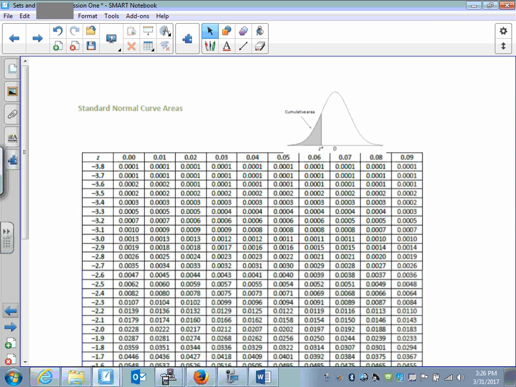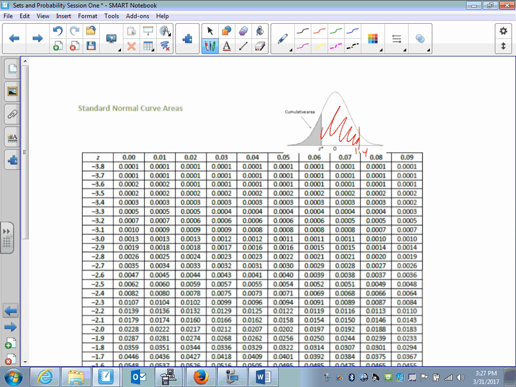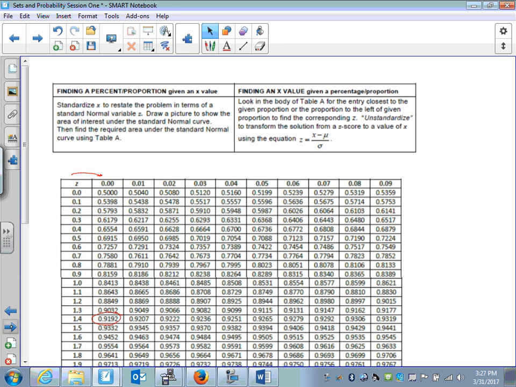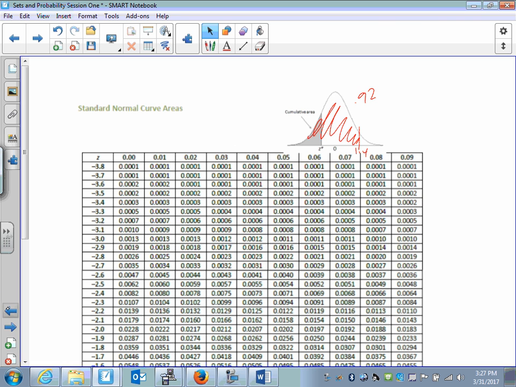Now let's take a look at the chart, which is on the previous page. See, now 1.4 is actually over here someplace. And what it gave us was 0.9192.